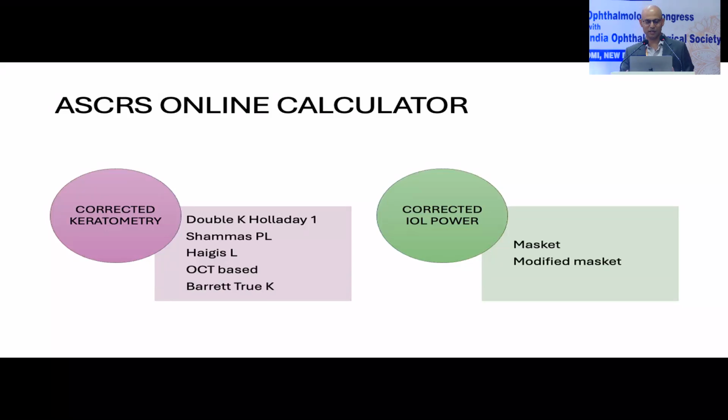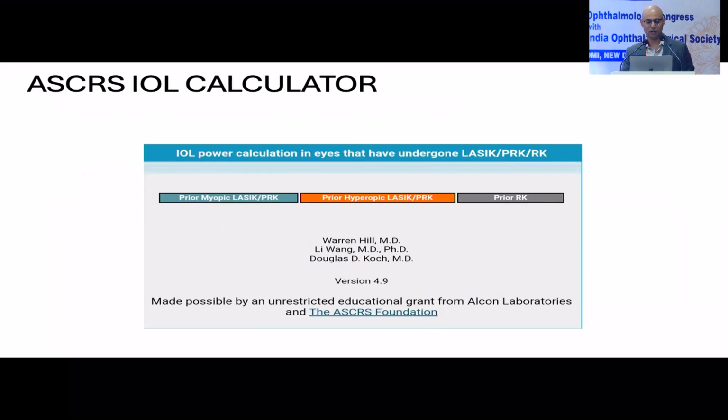So we have this ASCRS online calculator, iolcalc.org, and that really makes our job easier. It uses various formulas, as has been mentioned here. If you go to the website, you have 3 tabs: prior myopic LASIK or PRK, prior hyperopic LASIK or PRK, and post RK.